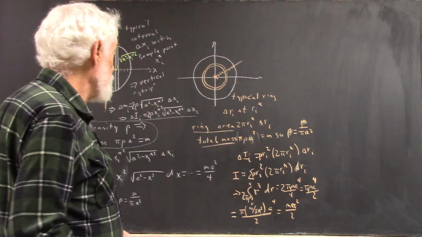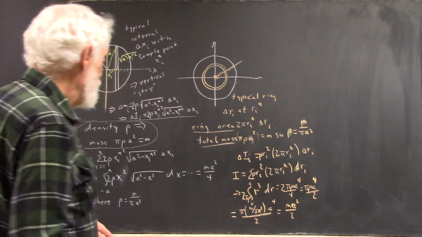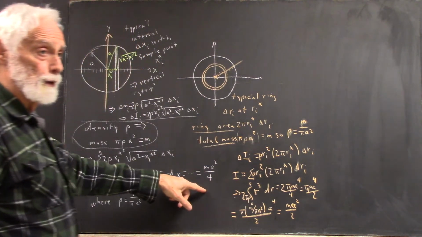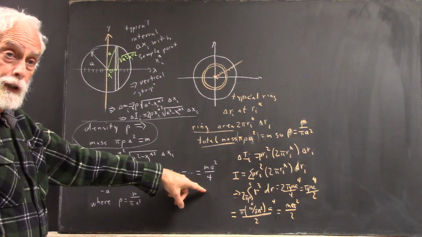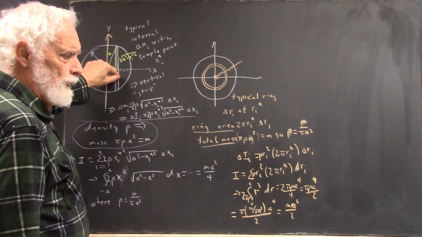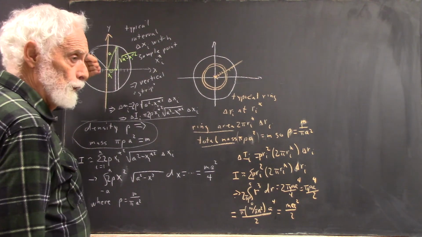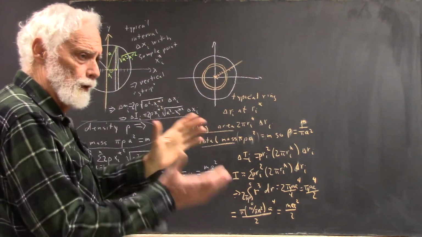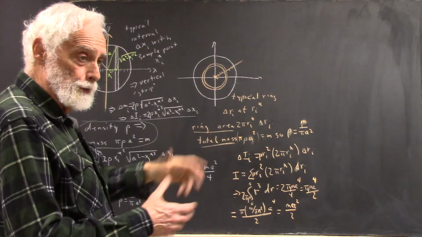And you want to convince yourself of that. That's what gives you the difference between the m a squared over 2 and the m a squared over 4. And it turns out that on the average, the points here are square root of 2 over 2 times as far as they are here. Now, square root of 2 over 2 is less than 1, it's about 70%.